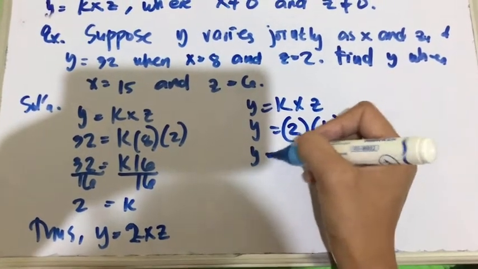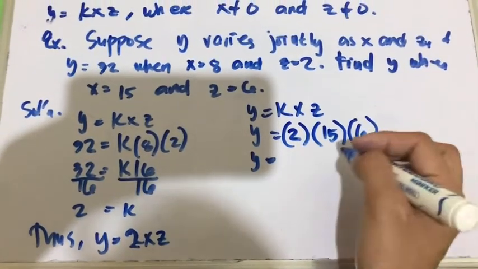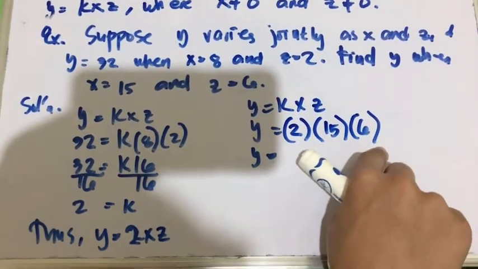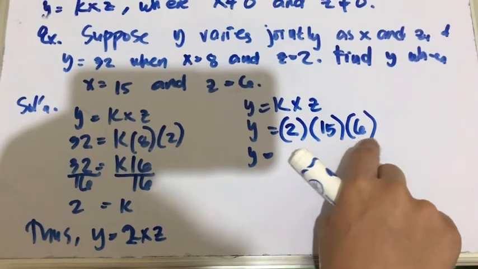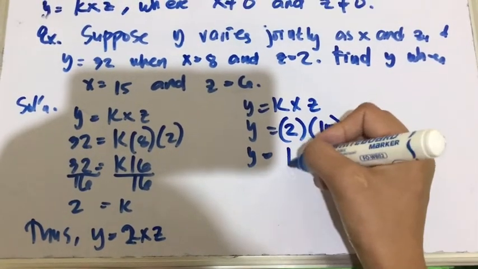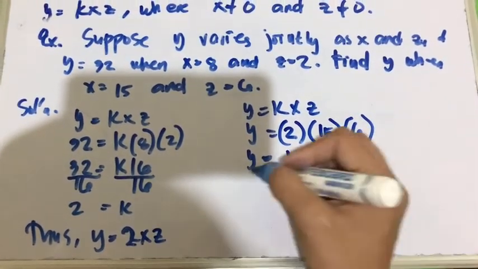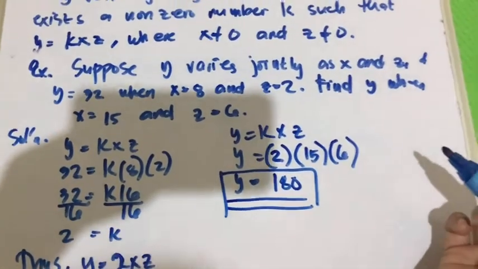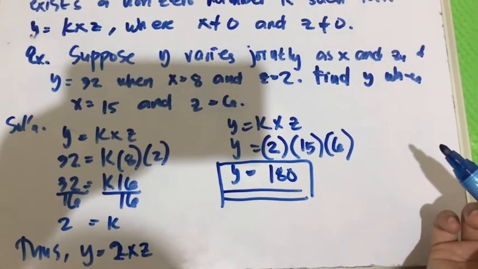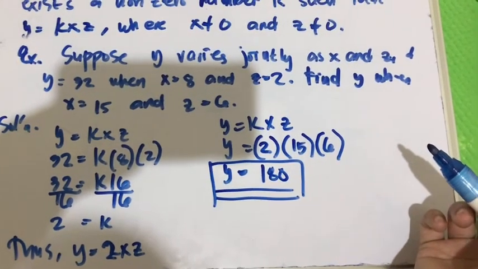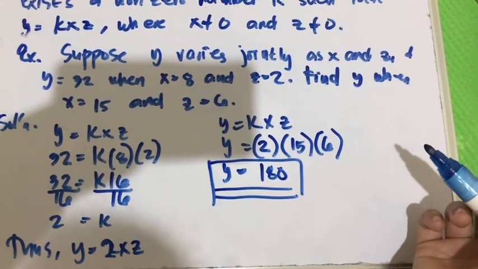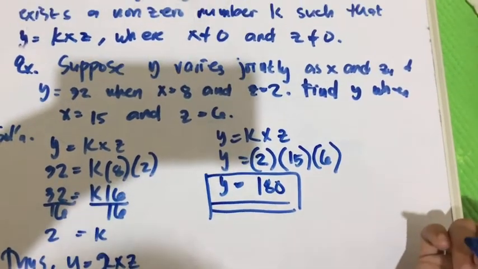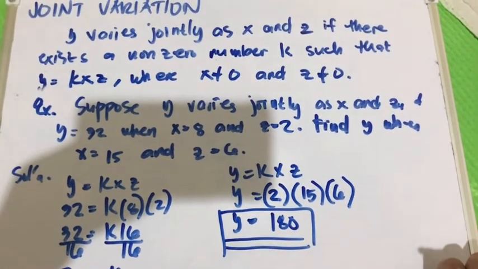When I multiply, I start with the smallest numbers. So 2 times 6, to make it easier, is 12. And 12 times 15 is 180. This is the value of our y. That is how we find values or solve problems involving joint variation.